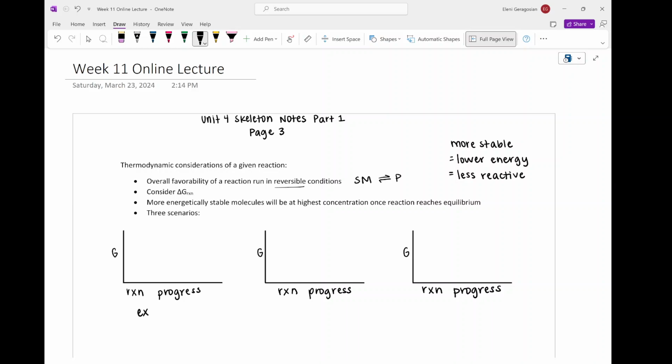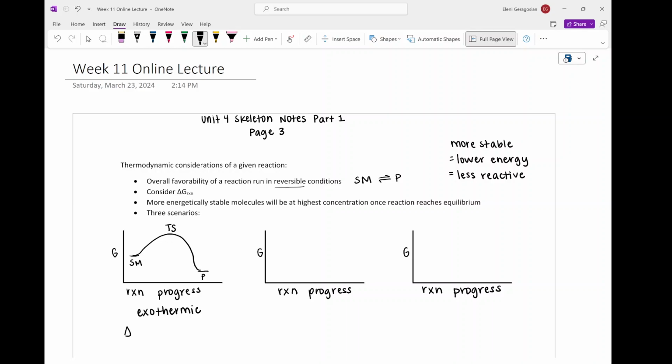And so we can have an exothermic reaction. Thinking back to Gen Chem, this is a reaction where the starting material is higher energy than the products. It still goes through some high energy transition state, but overall, products are lower energy than reactants.